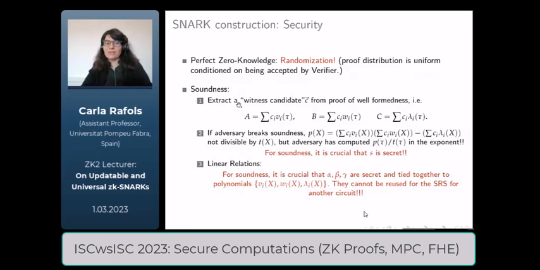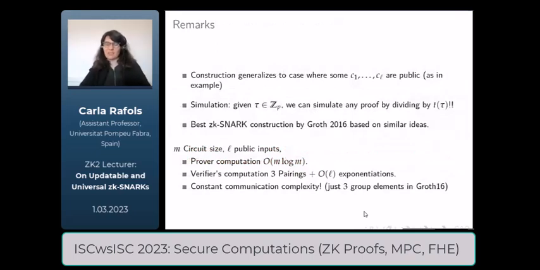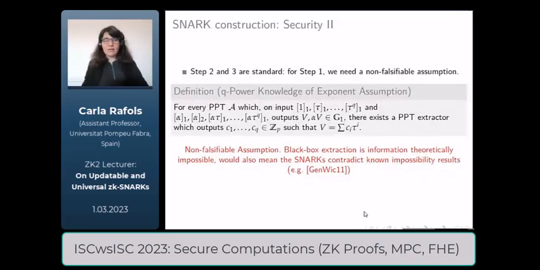Just one more sentence about this idea of extracting a candidate. This is actually where we need very strong assumptions. I don't really want to go into this, but there is a family of these assumptions. I have something very short, and extracting means computing from this very short thing a very long witness. That's impossible to do information-theoretically, because you cannot extract a very long piece of information from a short piece of information.